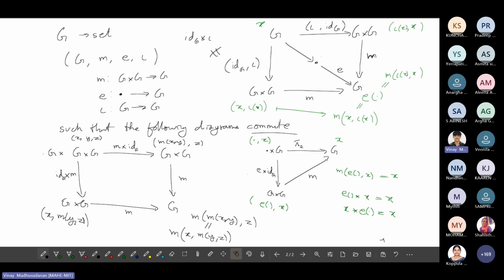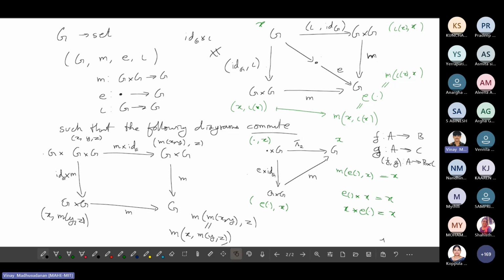For example, f from A to B and also g from A to C. Then (f, g), not f cross g, is a function from A to B cross C.